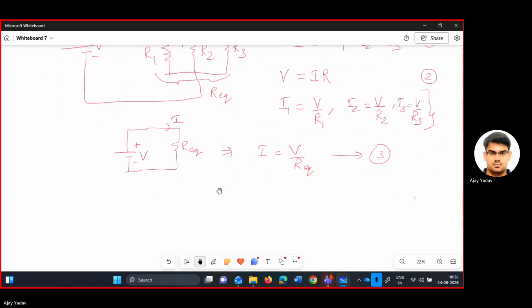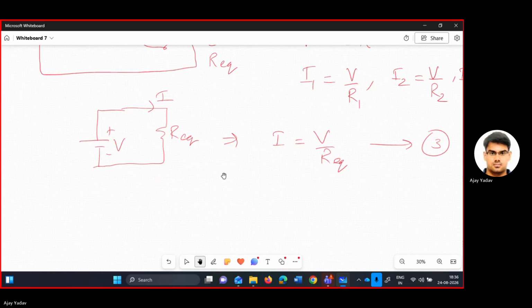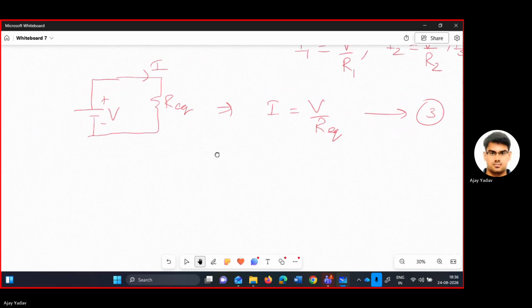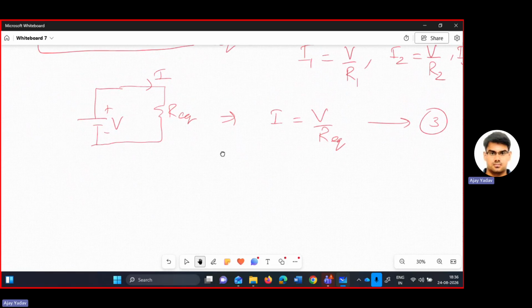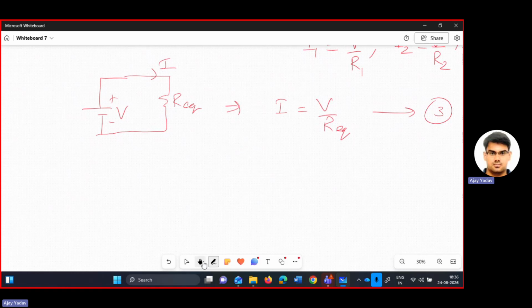Similarly, suppose I take only two resistors, because this is very important.